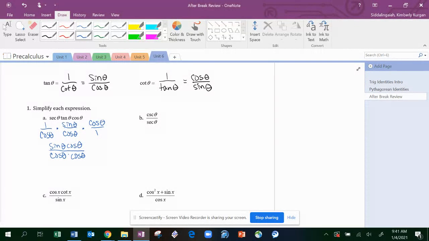So let's see, we're in terms of sine and cosine, and what I see is that this cosine and this cosine can cancel out. So I'm really left with sine over cosine. And sine over cosine, hey, that's just short for tangent. So to simplify this expression, I would simplify it to just tangent of theta.